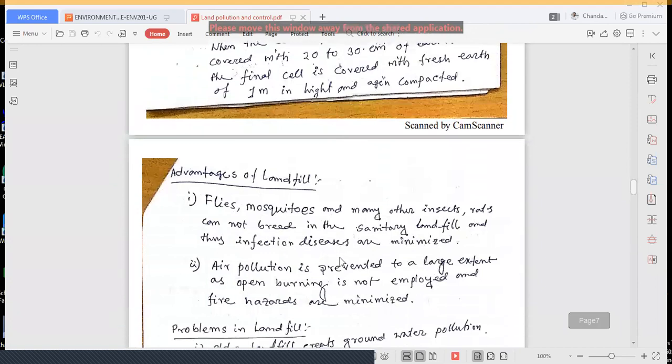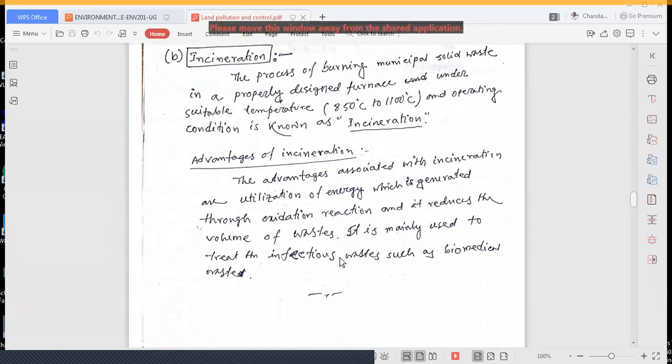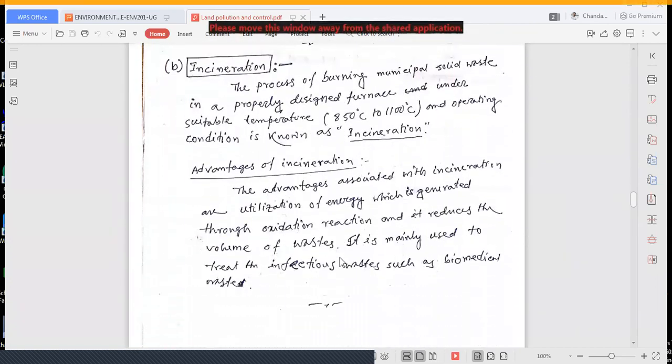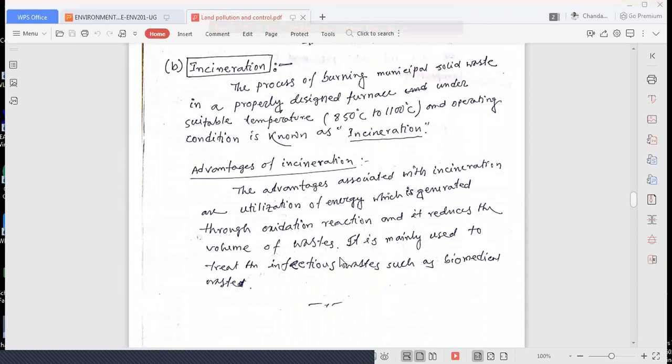In the incineration procedure, mainly biomedical wastes and other domestic wastes are burned in a particular space, which reduces the volume of the waste. Then this reduced volume of waste is again disposed of in a particular procedure.